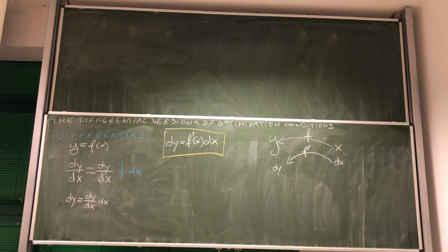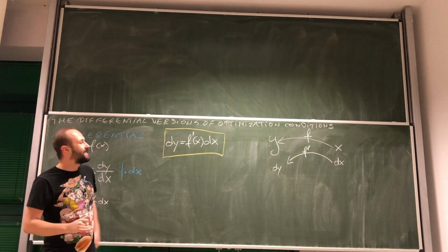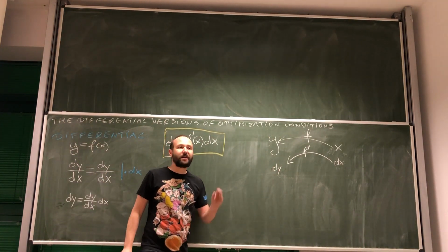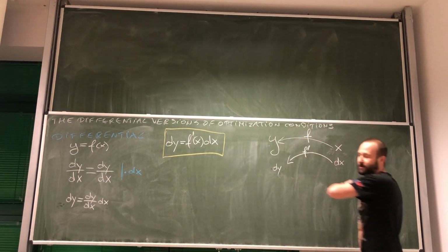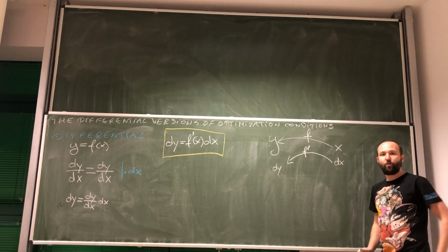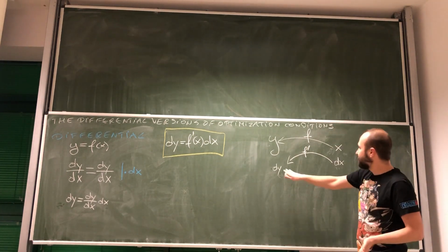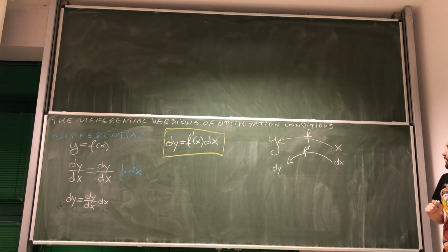Because very often we are not interested in the size of dy. We are rather interested in the sign of dy. Whether dy is positive, so we are going up, or whether dy is negative, so we are going down.